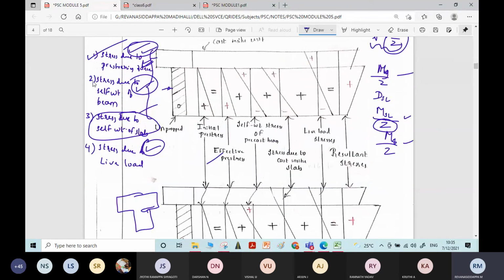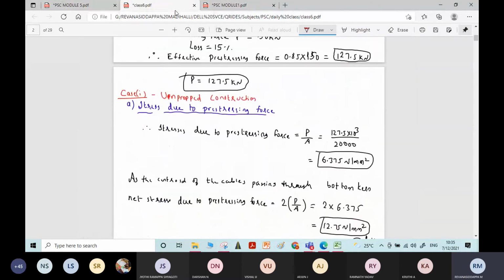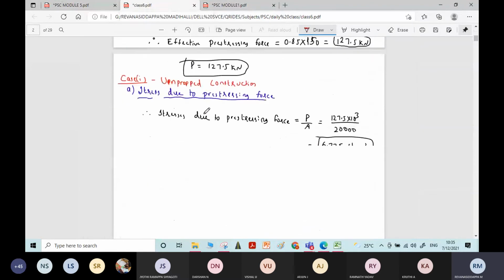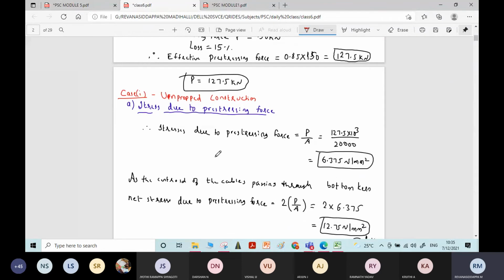Stress due to self weight of the beam is the same. Stress due to live load is the same calculation. Only there is difference in calculating stress due to the self weight of the slab.